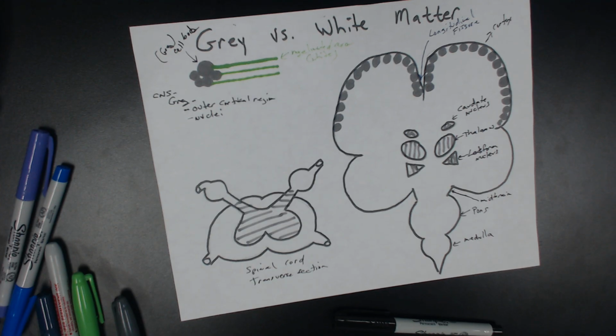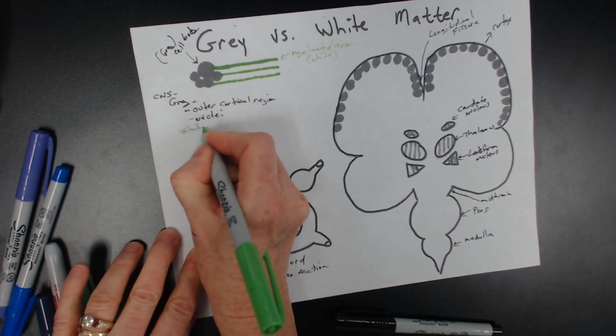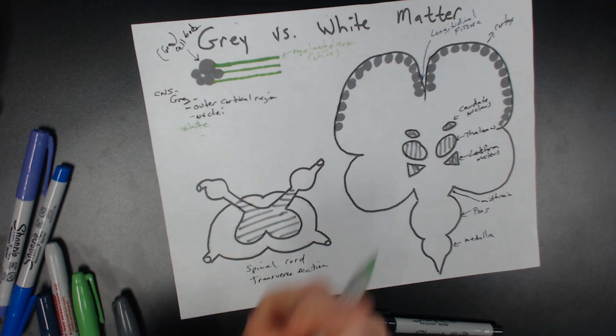All of these words mean nothing more than white matter in the CNS. You're going to see them throughout the semester, but when you see these words, they mean nothing more than collections of white matter.